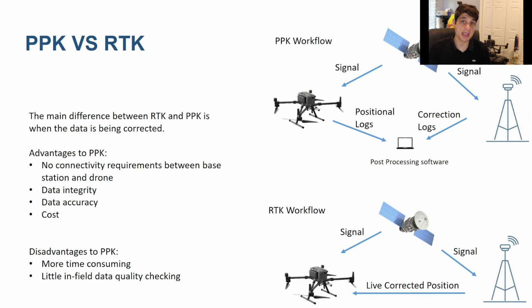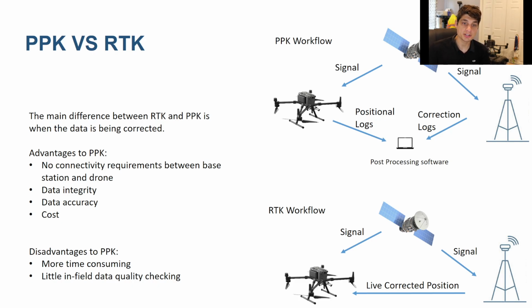It may be a base station that you have on site, but that base station doesn't have to be talking to the controller, doesn't really have to be talking to the drone. It just needs to be logging static data or be set up over a known point. So you can see the positional logs and the correction logs will come into post-processing software to do those corrections for you. Whereas RTK, you have that live corrected position happen real time.